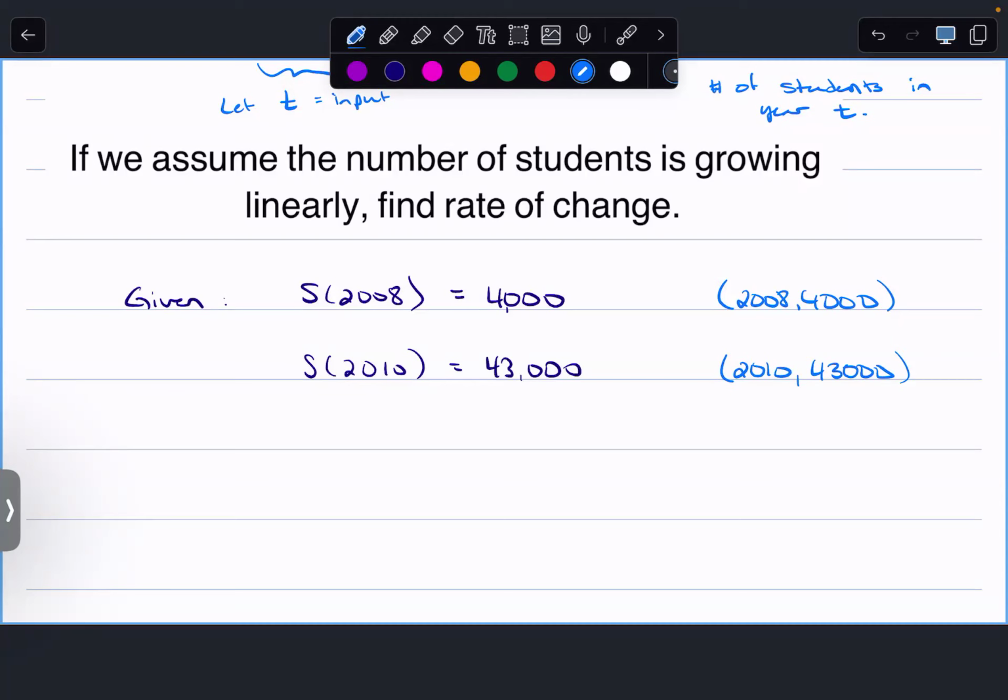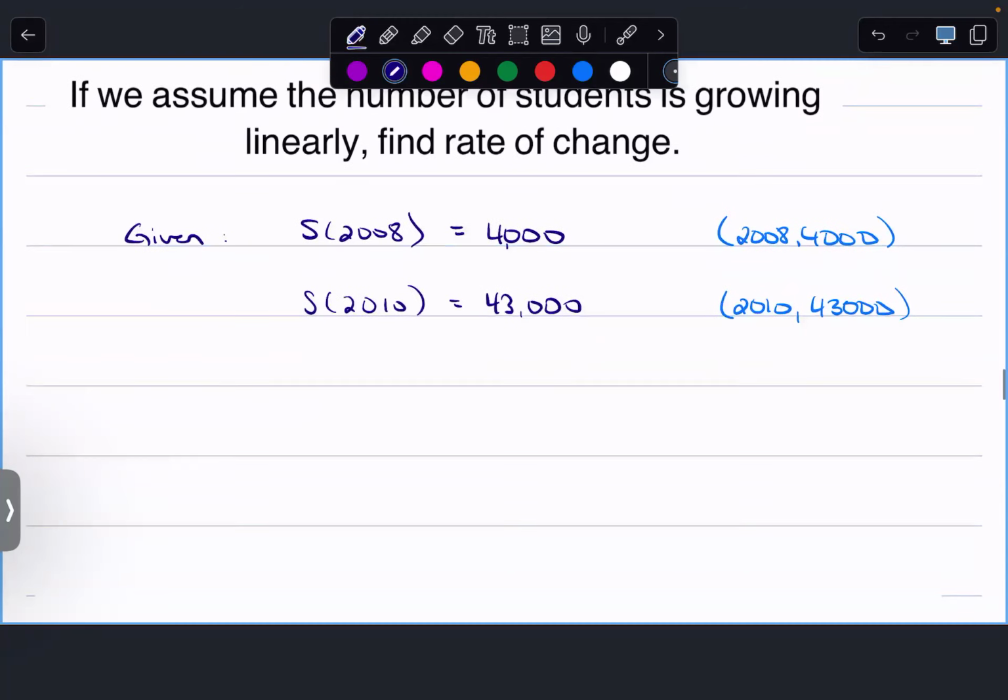But all we wanted to do is find the rate of change, which is the slope. I'll ask you to find the rate of change, and you have to know that means I have to find the slope. So f of x2 minus f of x1 divided by x2 minus x1.